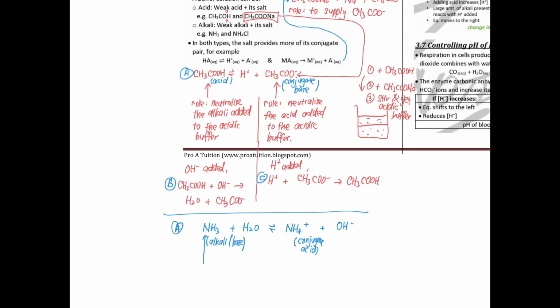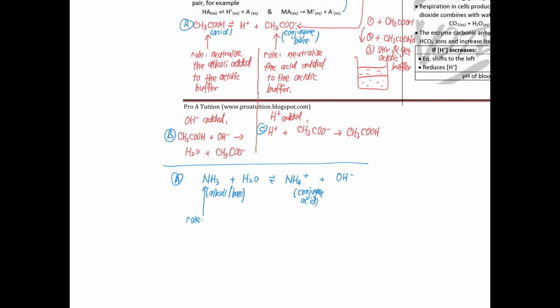The role of ammonia is, okay, so before we talk about the role, let's say how we prepare the alkaline buffer. Number one, add NH3. Okay, add ammonia solution.